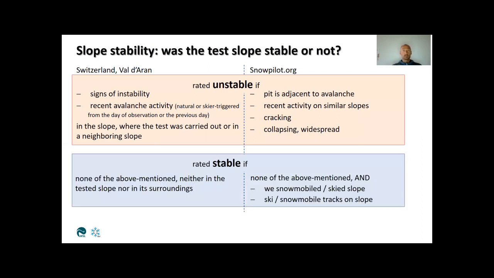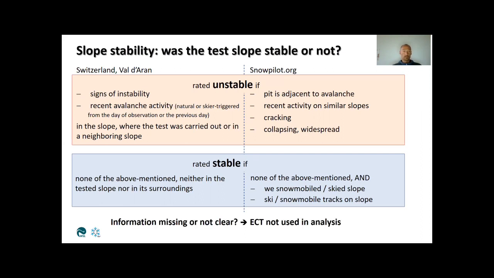We rated these locations as stable if neither signs of instability nor recent avalanche activity was mentioned, and they were neither in this tested slope nor in its surroundings. For the SnowPilot data, we additionally used information describing whether the slope had been skied or snowmobiled, or whether there were tracks on the slope to decide whether the slope was stable or not.